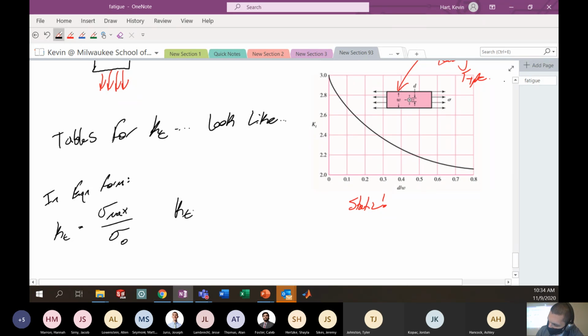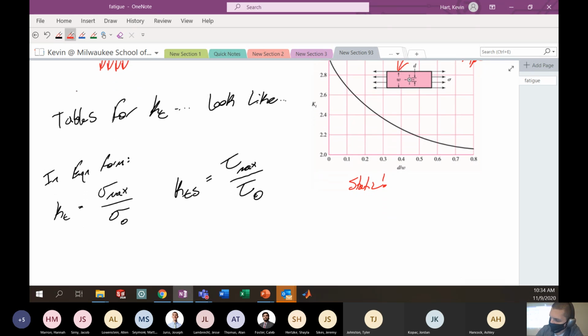Or you might see KTS, which is the shear stress concentration factor, the maximum shear stress divided by the far field shear. So this here is for normal stress. This is for shear stress. Obviously the chart I showed is a normal stress situation.